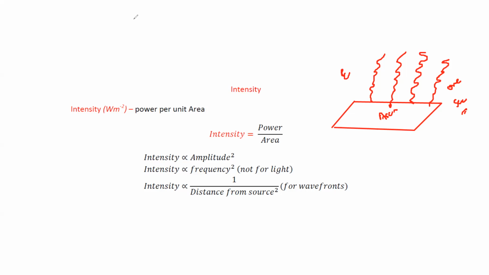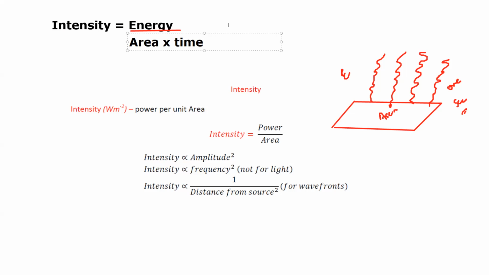So if we want to work out the formula for intensity, it is equal to how much energy there is on unit area, so energy coming on unit area per second, meaning divided by time.